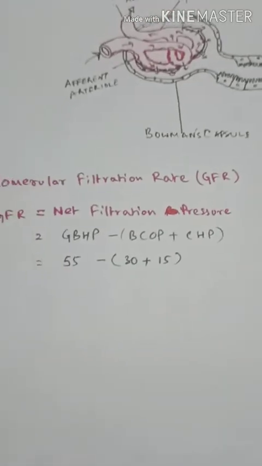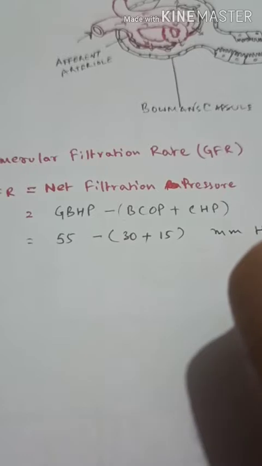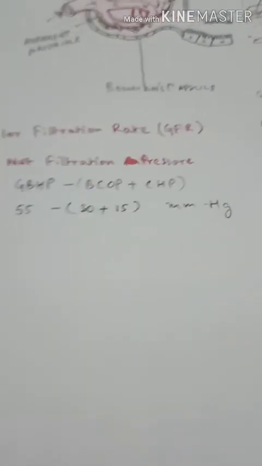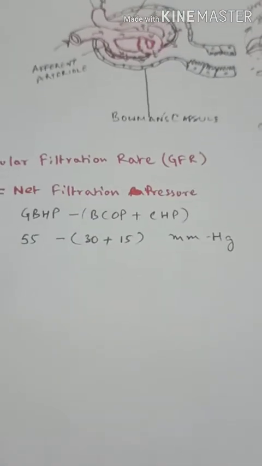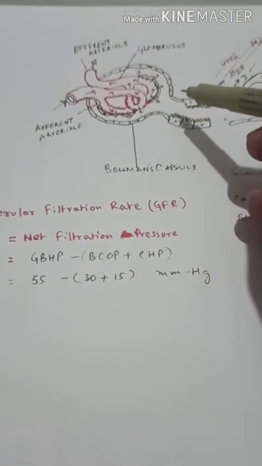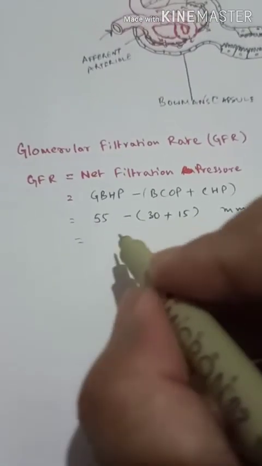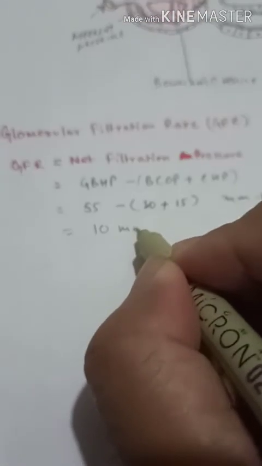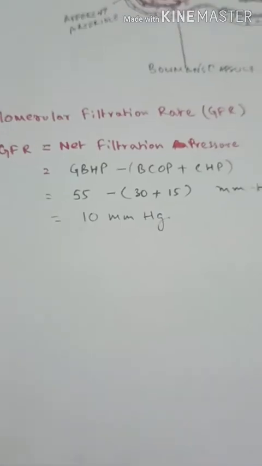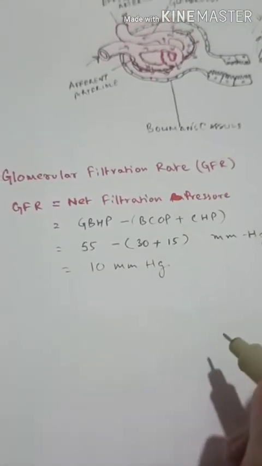So it is this change in pressure which leads to filtration of all the material. The value will be 50 minus 30 plus 15, 50 minus 45, so it is 10 mmHg. That is the net filtration pressure.